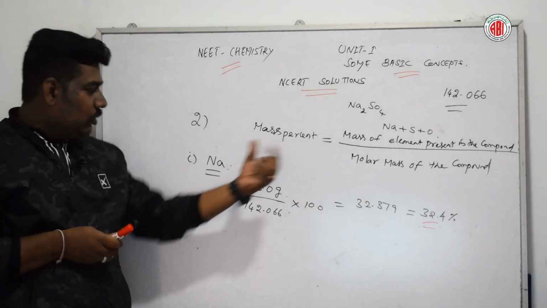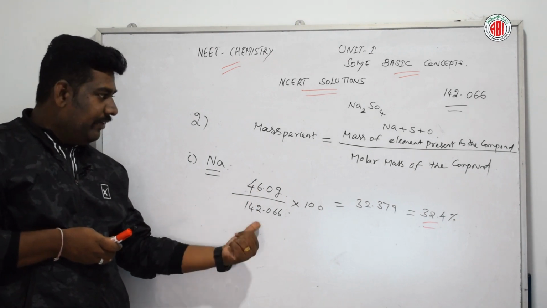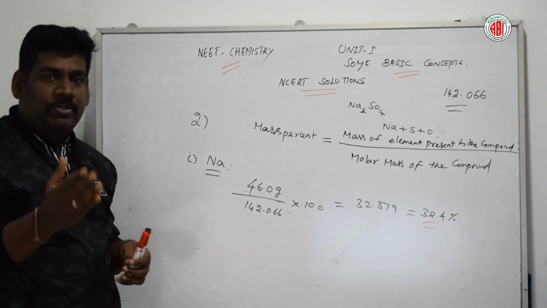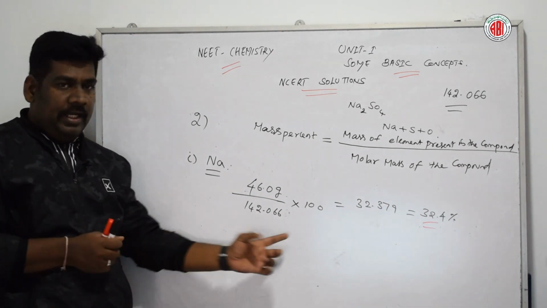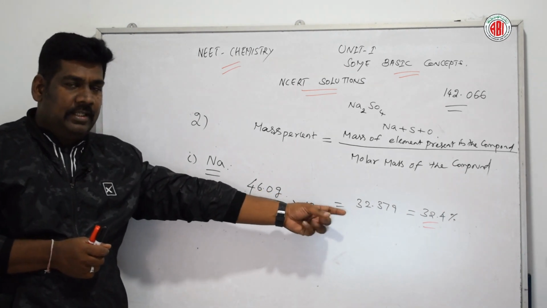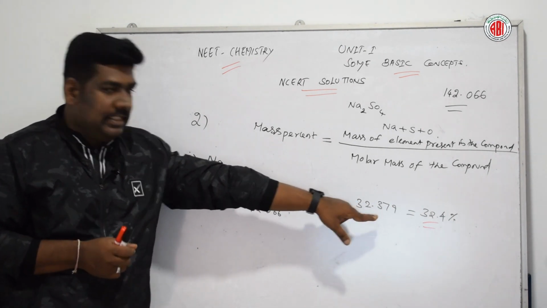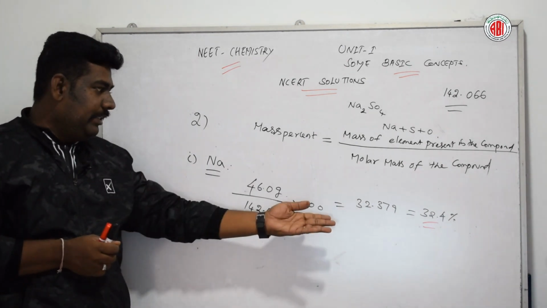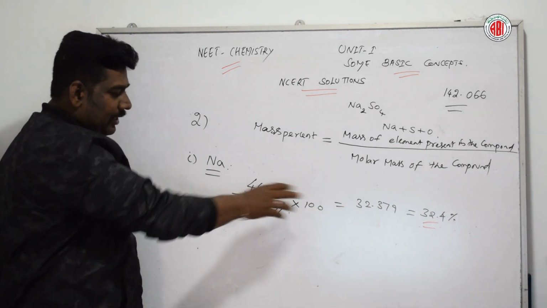The mass of sodium present in the compound is 46.0 gram divided by the molar mass, that is 142.066, into 100. Simplifying this, we will get around 32.379, that is very close to 32.4%. In this way we can find the mass percent of the individual elements. So this is the mass percentage of sodium.